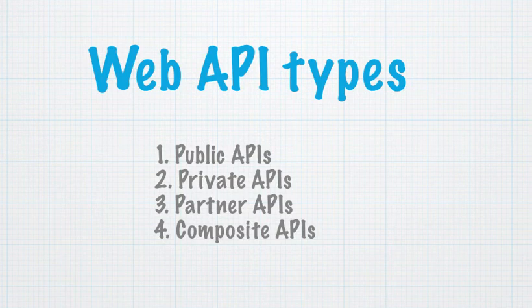So, web API types. Well, there are four types of web APIs: public APIs, private APIs, partner APIs, and composite APIs.